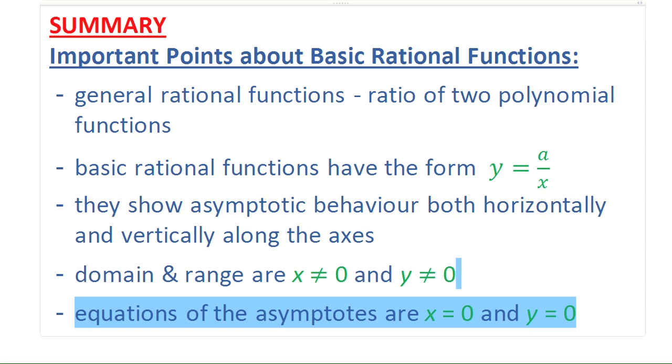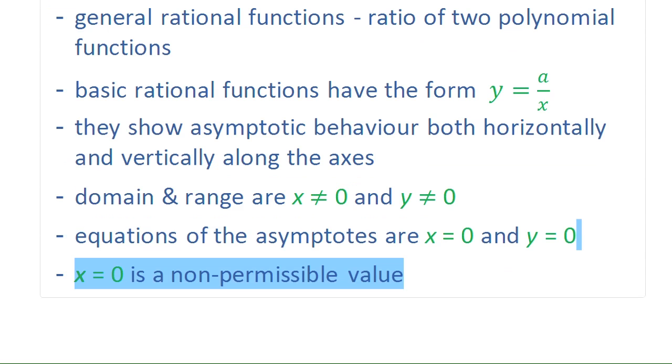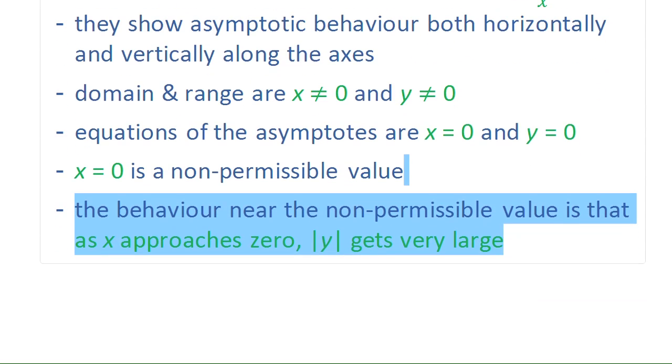We looked at how the equations of those asymptotes were x equals 0 and y equals 0, where they showed that behavior. x equals 0 was a non-permissible value. And we looked at the behavior near that non-permissible value, and we described it as x approaches 0, the absolute value of y gets very large.